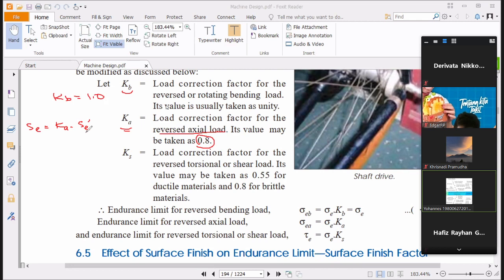Okay, so for real condition, the endurance limit is always lower than obtained from the laboratory because of this. Example is, for torsion we have 0.5 for ductile material, but for brittle we have 0.8. So that's how the type of loading influences the endurance strength of the material.